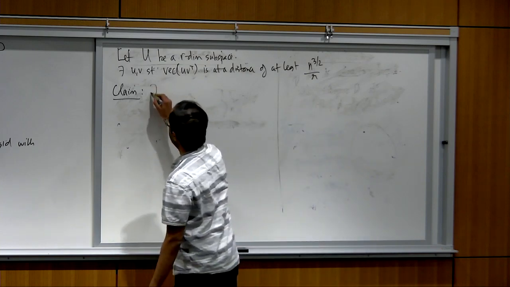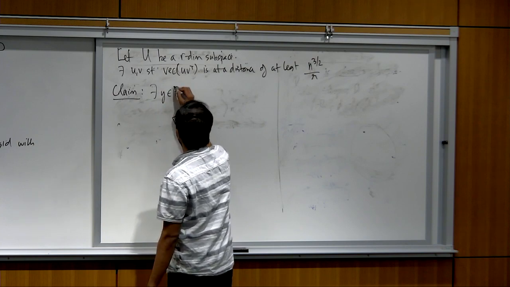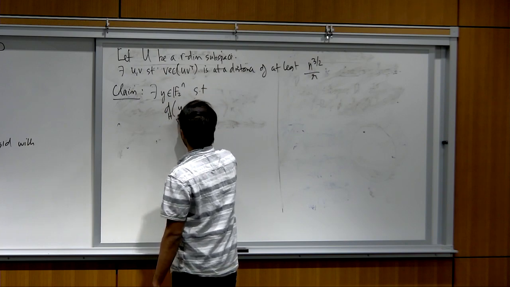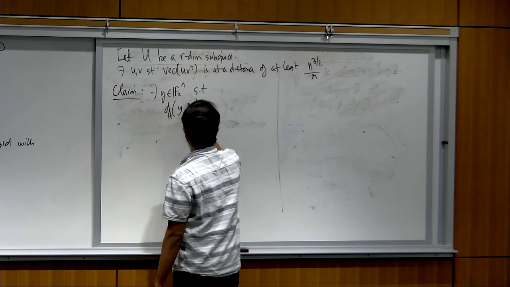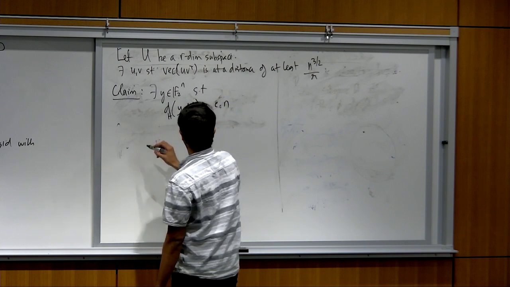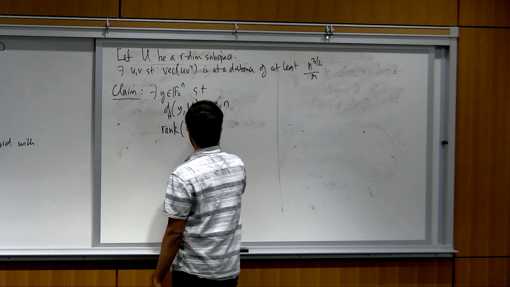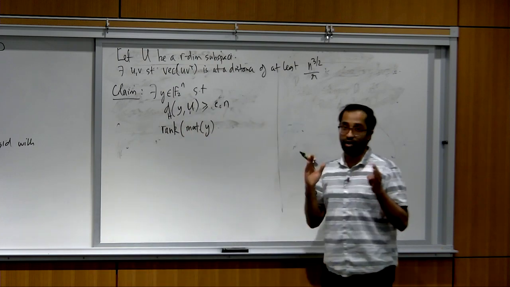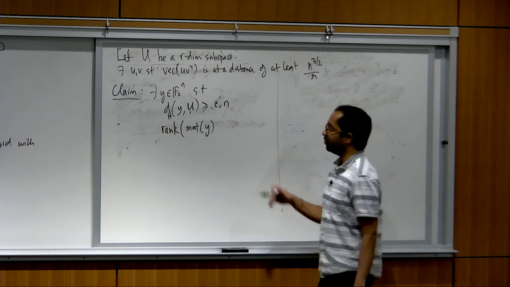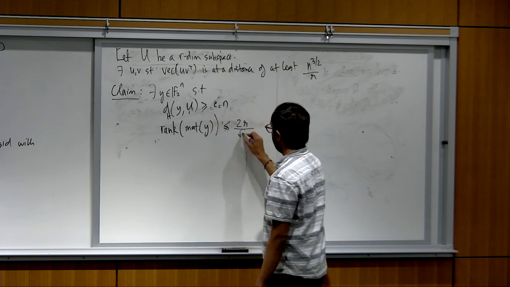The claim is that there exists a vector y in F2 to the n such that the distance of y from the vector space U is at least a constant times n, and if you look at the matrix that you get from y by cutting it into square root n pieces and making a matrix out of it, its rank is at most 2r over square root n.